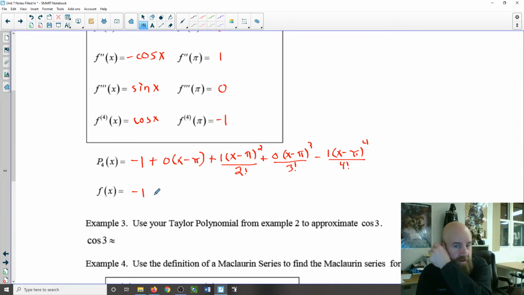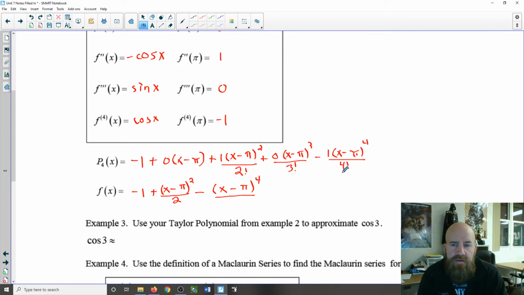So negative 1 plus x minus pi, quantity squared, over 2. That one's canceling, and then we're left with x minus pi to the 4th all over, so 2 times 3 is 6, and 4 factorial is 24.